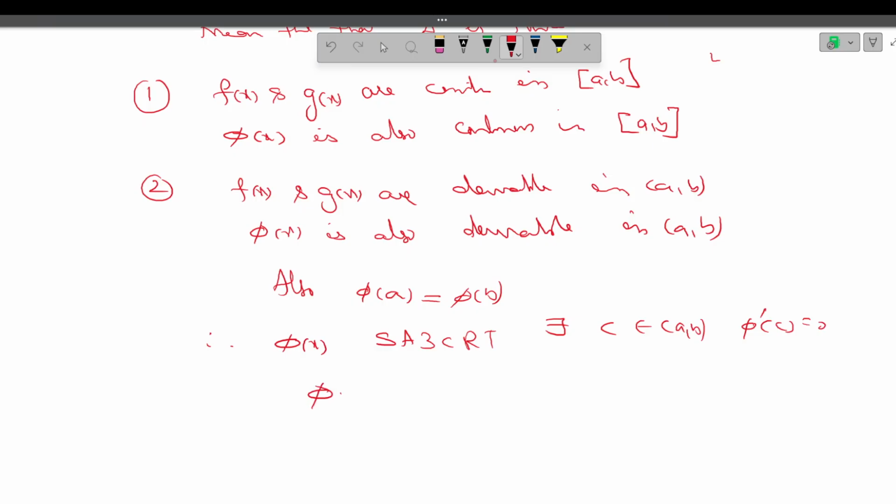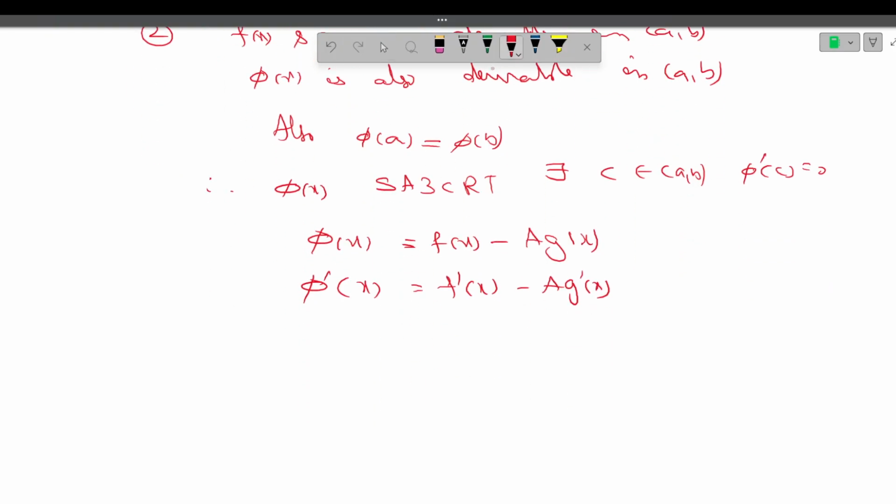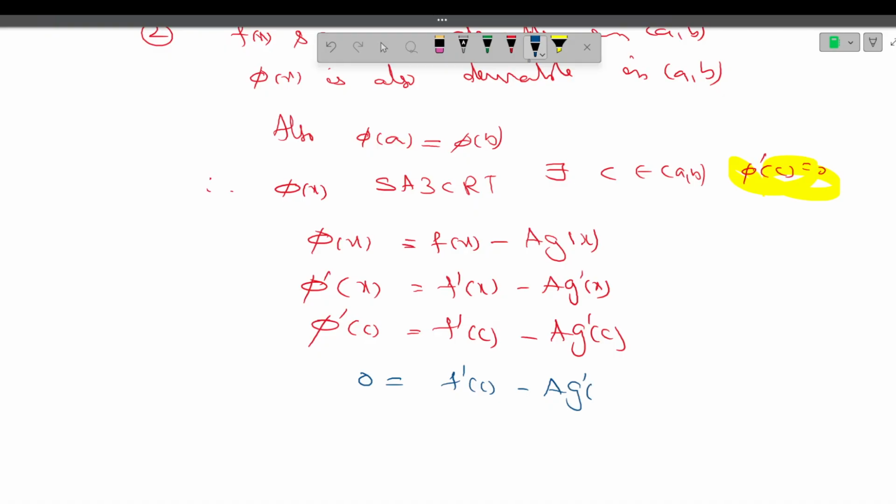So what is phi of x? Phi of x is f of x minus a g of x. So phi dash x equal to f dash x minus a g dash x. Now phi dash c equal to f dash c minus a g dash c, and phi dash c equal to 0. So 0 equal to f dash c minus a g dash c.